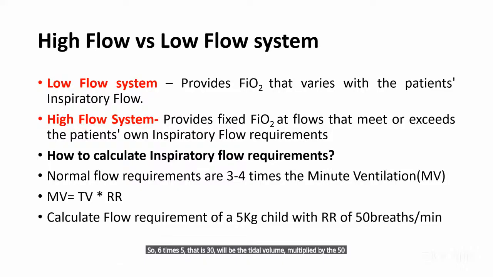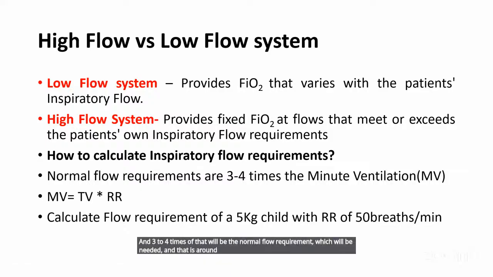So 1500 ml is the minute ventilation, 1.5 liters, and 3 to 4 times that will be the normal flow requirement, which is around 4.5 to 7.5 liters per minute. If any delivery device matches or exceeds this flow, then it becomes high flow for that patient.